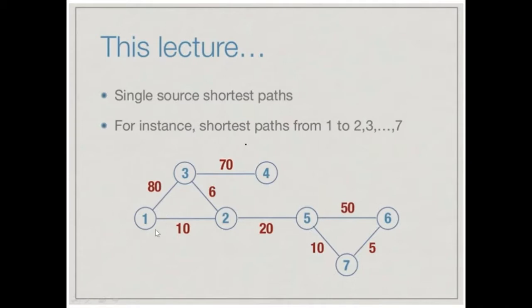We'll calculate the cost of reaching each and every node, that is from 1 to 2, 1 to 3, 1 to 4, 1 to 5, 6 and 7, and then we will mark these vertices with the minimum cost required to reach from a particular node to another. In this case, from node number 1 to each and every other node.